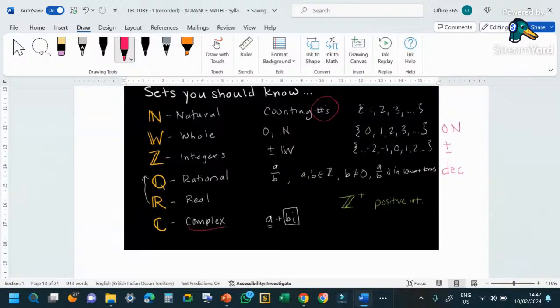And complex numbers are those with an i. Okay. Bi is an imaginary number. Square roots of negative numbers are imaginary numbers, and there are ways to treat them, to operate on them, and we will deal with them as we go along.